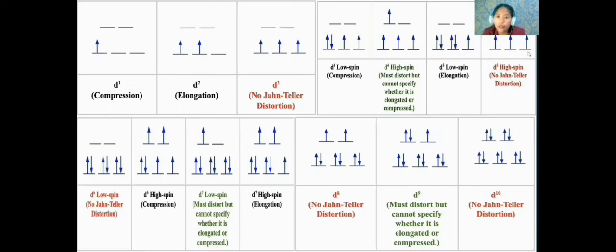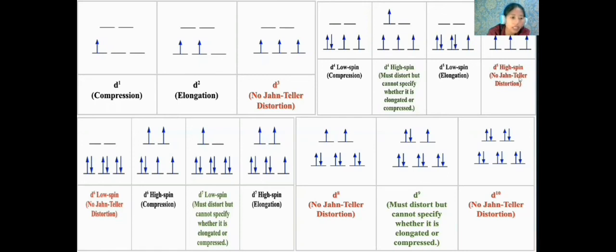And then d4 high spin must distort but we cannot specify whether it is elongated or compressed. For d5 low spin, it will undergo elongation because they are not symmetrical. And for d5 high spin, they are all unpaired electrons, so there is no distortion in here because they're all symmetrical.